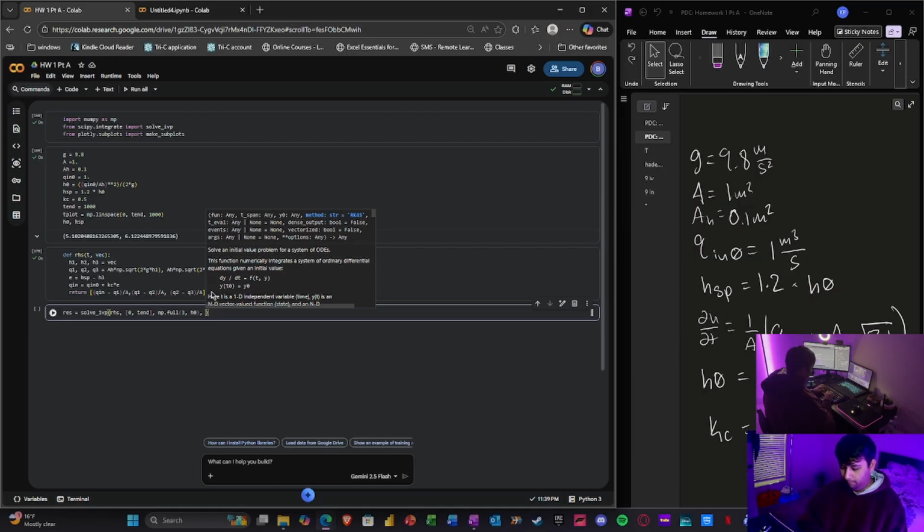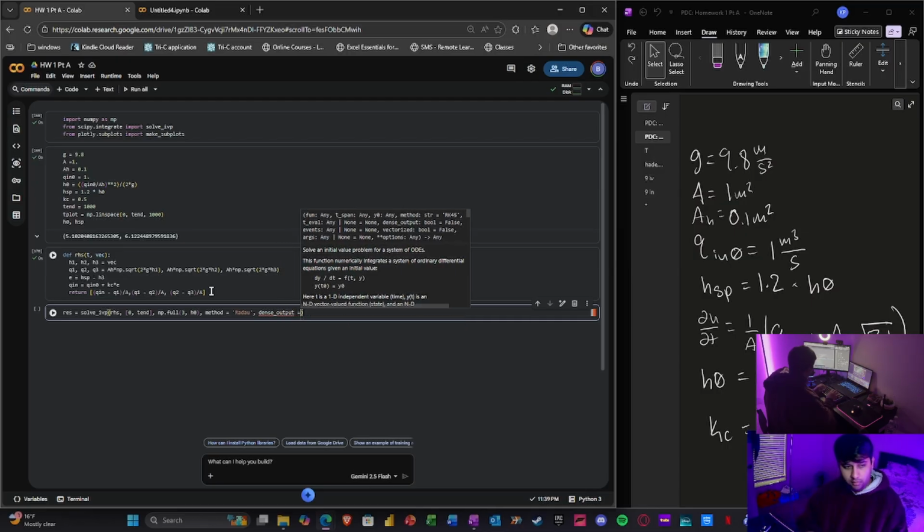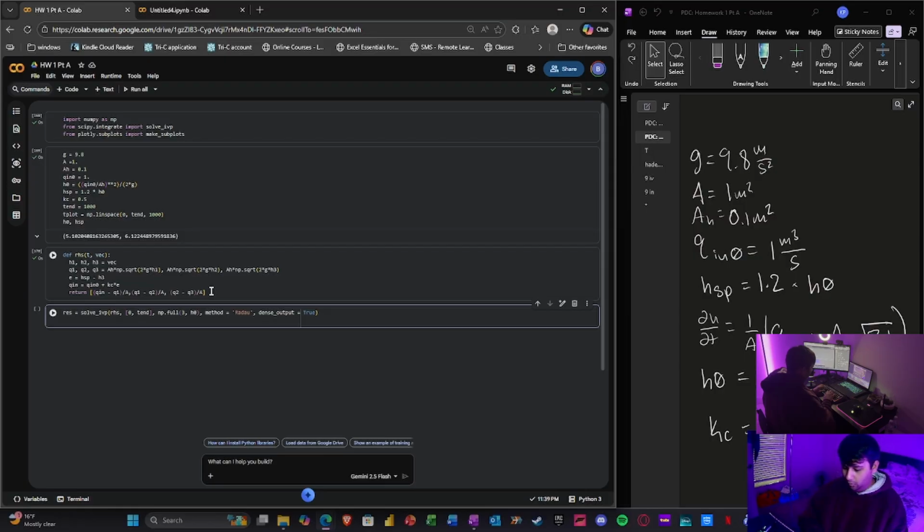And then method, which is Radau. Hopefully I pronounced that correctly. And then we have our dense output being true. If you put false, then it doesn't work, so we're not going to put it false.